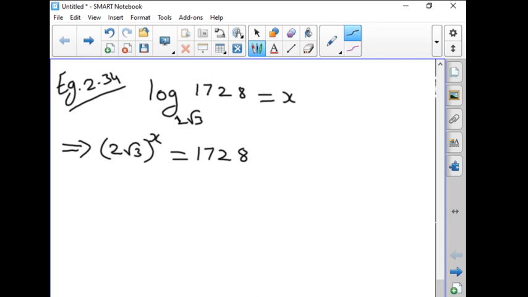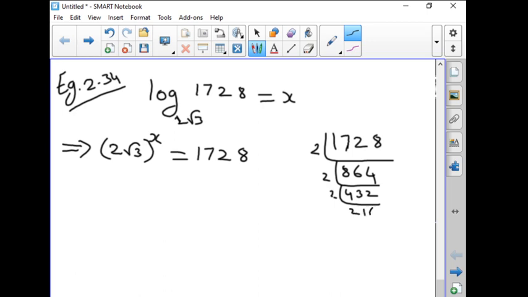Now find the factors of 1728. First we'll take it with 2. 2 goes 8 times, remainder 1, 12, 6, then 4, then again 2, 2 and so on, then 3 goes 9 times, then 3 and 3.